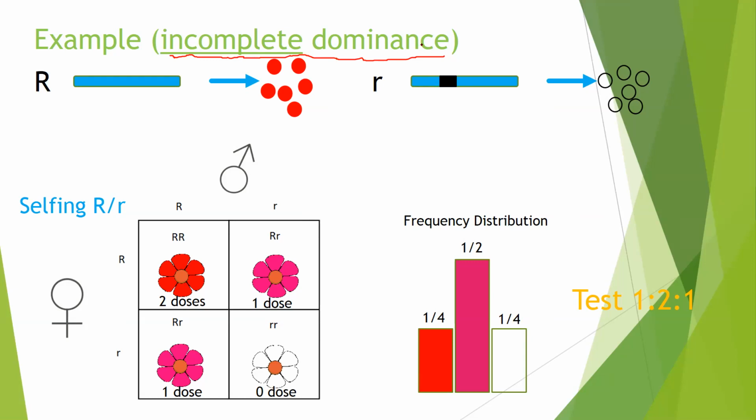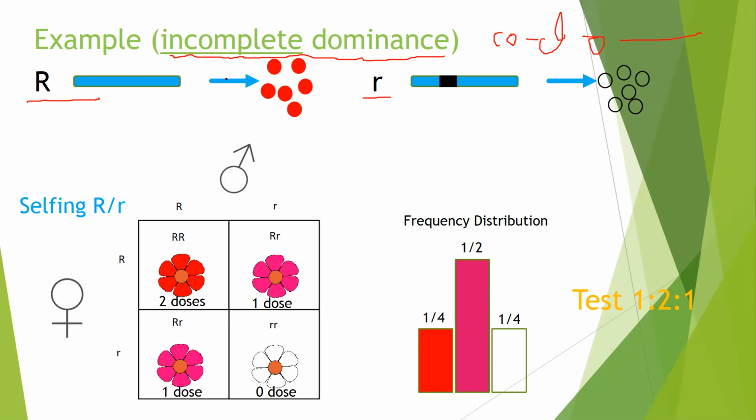So what is incomplete dominance? It has another name, codominance. We are talking about one gene, because this is a simple trait determined by only one gene. For this gene, we have two alleles.